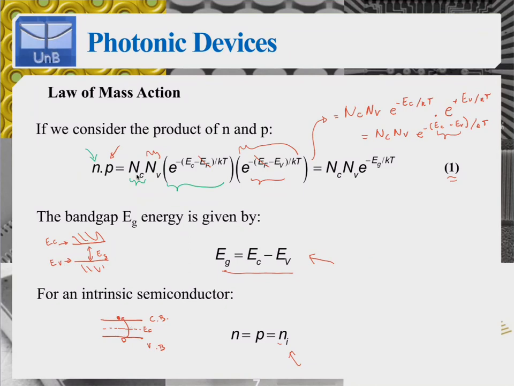And when they recombine, the electron is no longer in the conduction band, but it cancels out the hole in the valence band. So for an intrinsic semiconductor that you have not doped, a non-doped semiconductor, the carrier concentration for electrons and holes is the same, and this will be called the intrinsic carrier concentration, Ni, okay, for an intrinsic material.